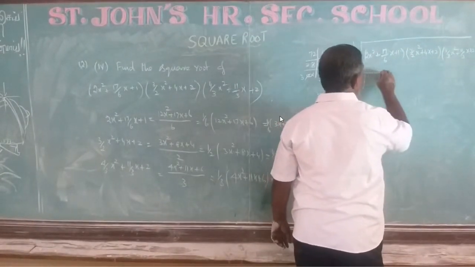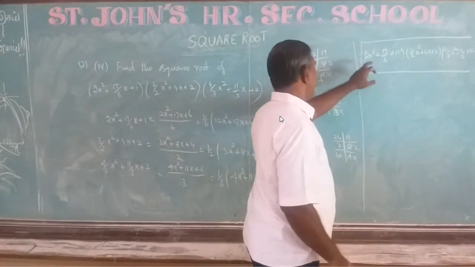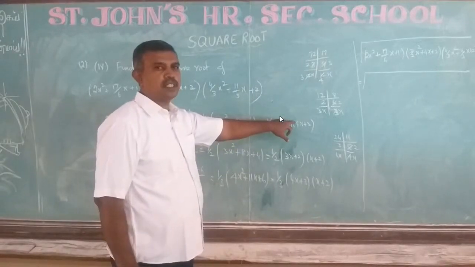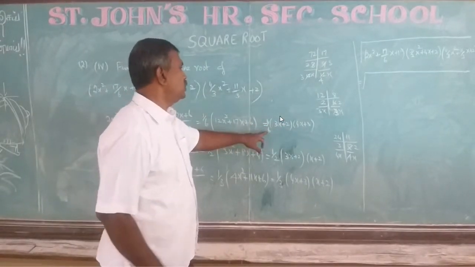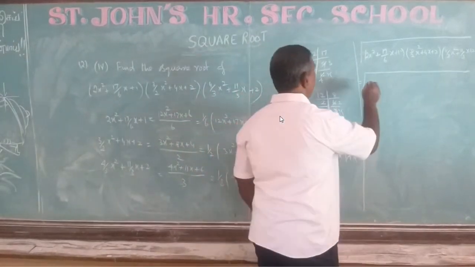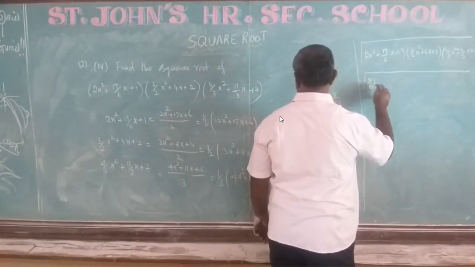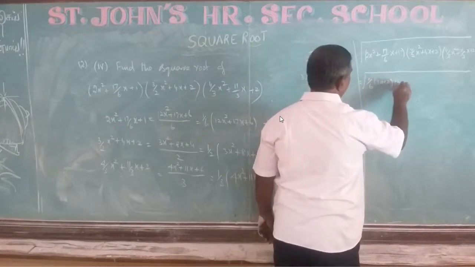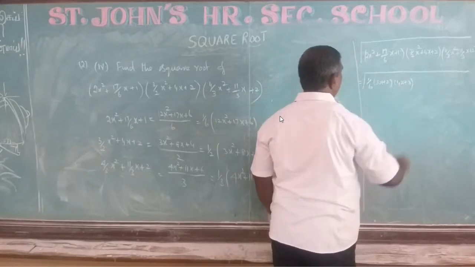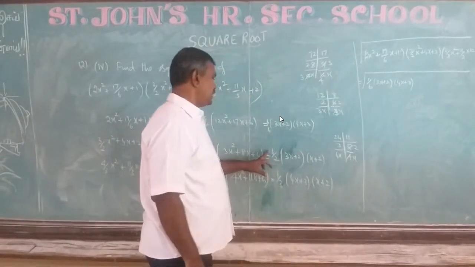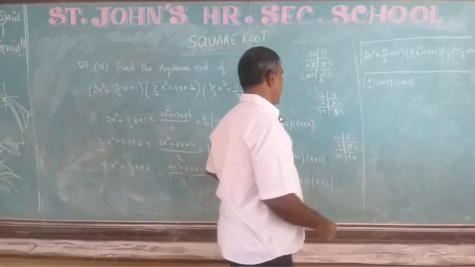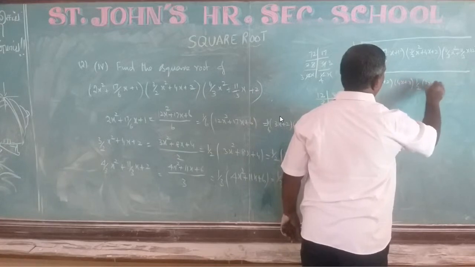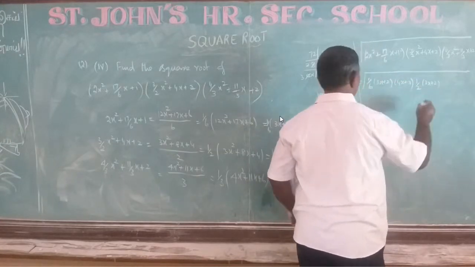The first value can be written as 1 by 6 into (3x plus 2) into (4x plus 3). The second value can be written as 1 by 2 into (3x plus 2) into (x plus 2).